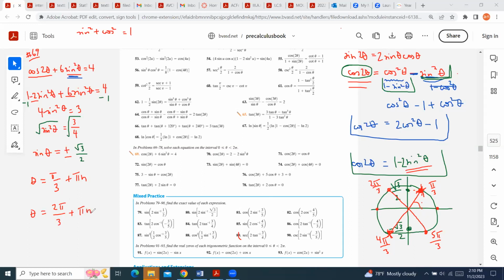So this is my general solution. And if they want it in the interval 0 to 2 pi, well, we have those 4 points pictured on this unit circle. That's why I think the best way is to always make a picture, because otherwise, if you just utilize these formulas, you might get mixed up with arithmetic, with this pi/3, all this. But on the picture, it's always nice and symmetric.